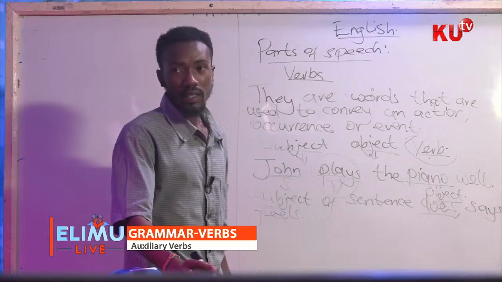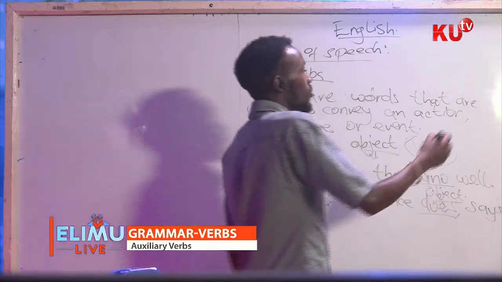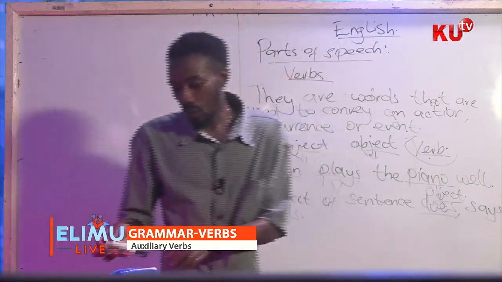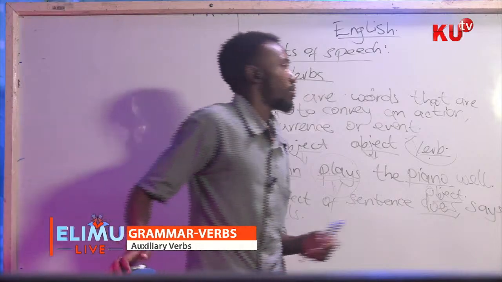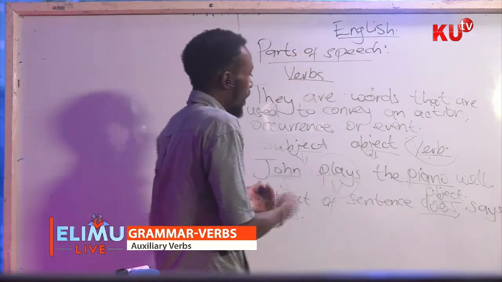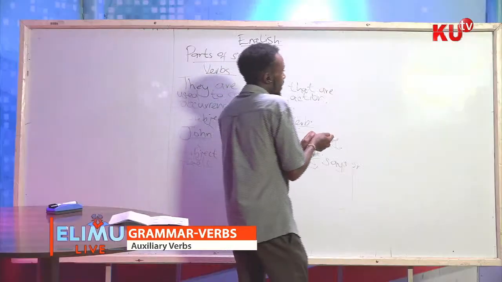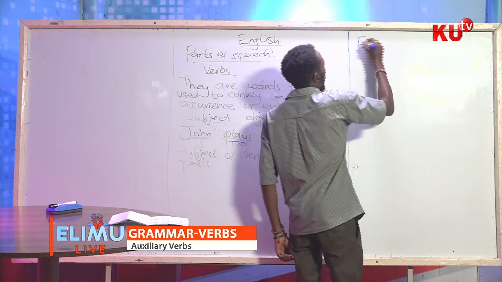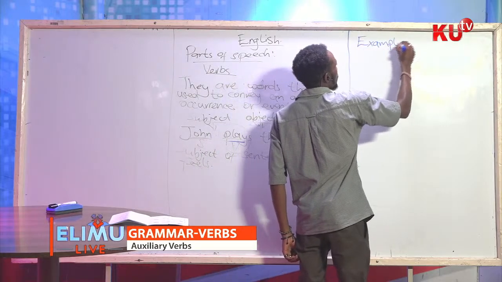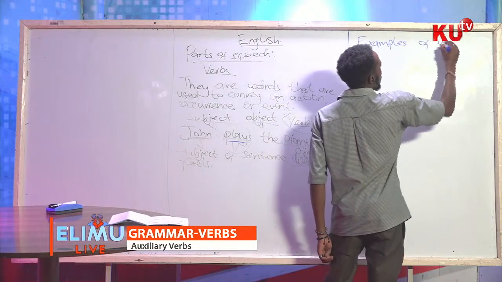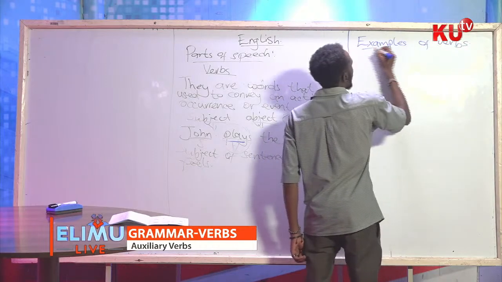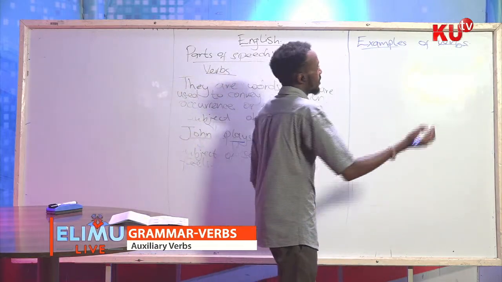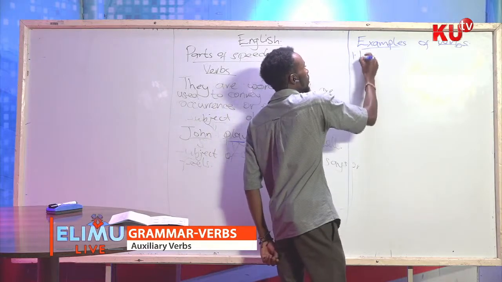We can look at a few examples of verbs so that we can know what we are talking about. One example is the one that we have given here, play. Another example you are doing right now, watching.